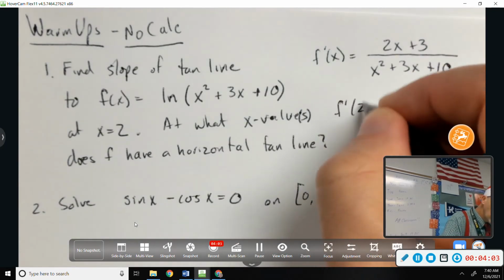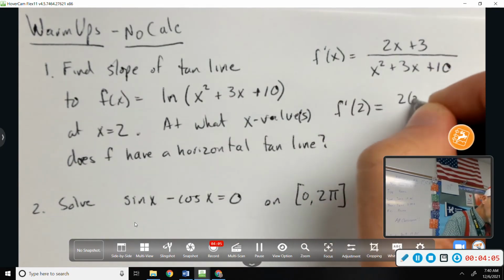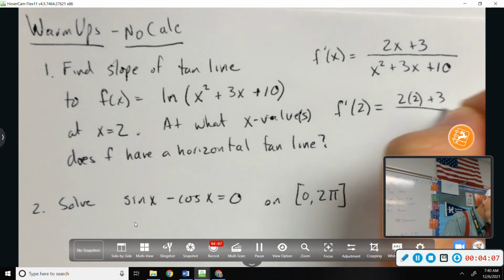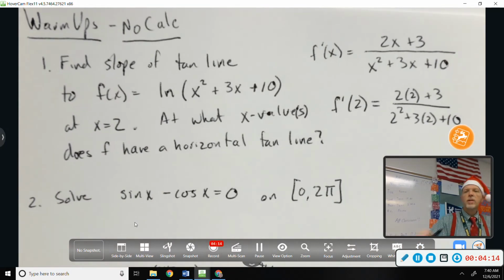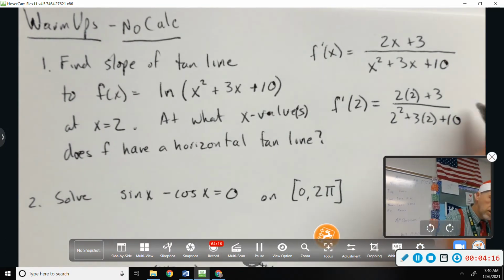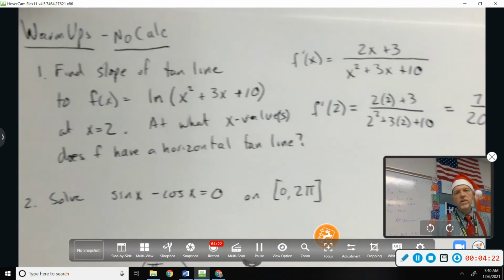So f prime of 2 would be plug in 2. That would be a safe stop. You could stop there and be good. Most of you carried it on to completion, which is fine, and get 7/20ths.